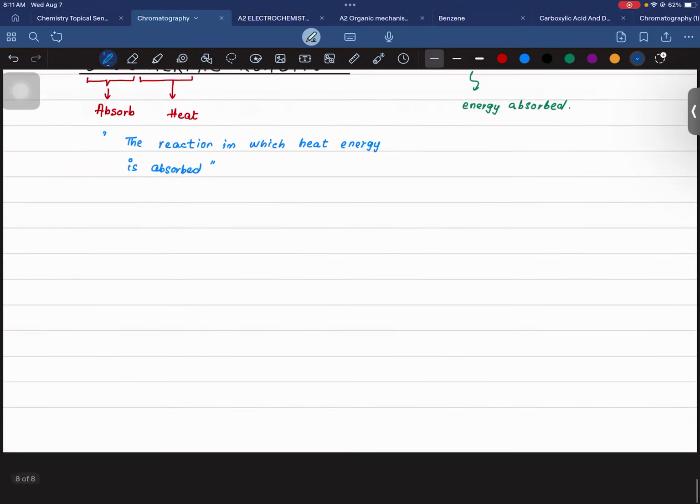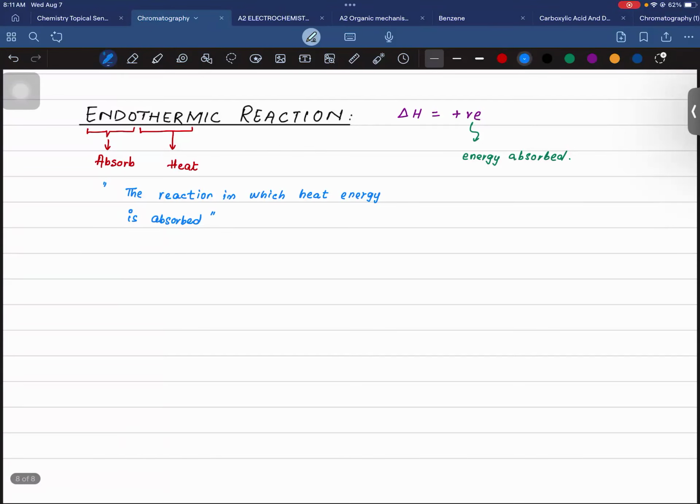Okay, so then we are supposed to do characteristics as we did for exothermic change. Number one, container becomes cold.